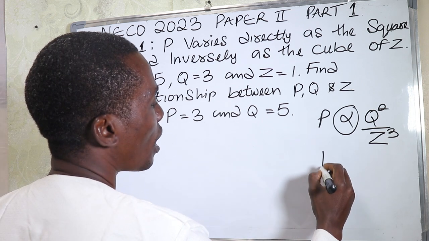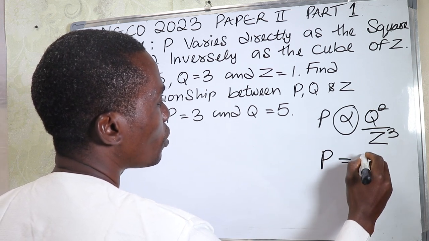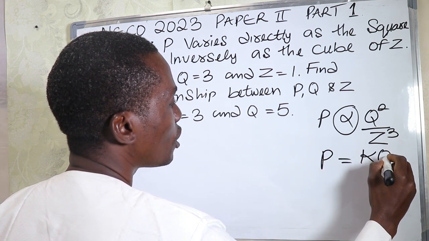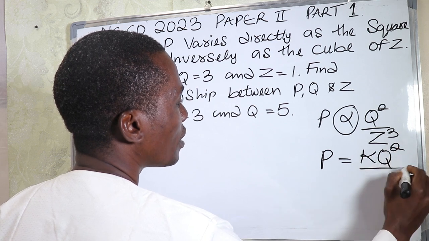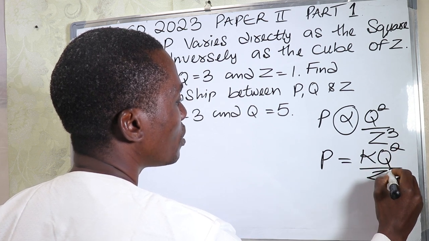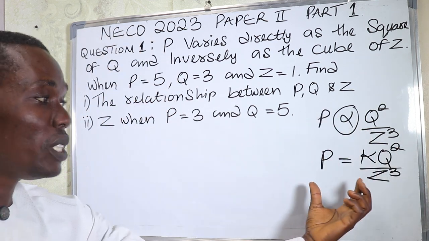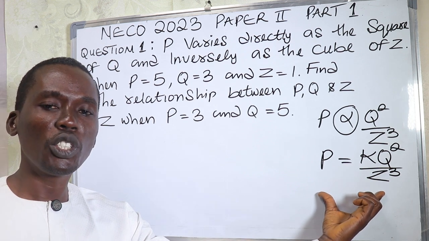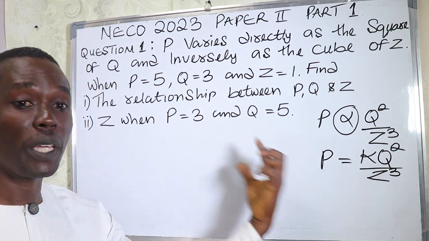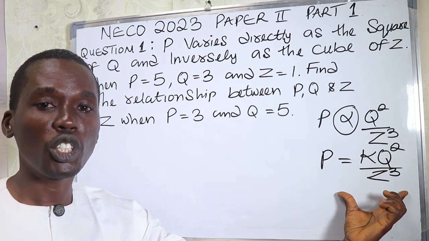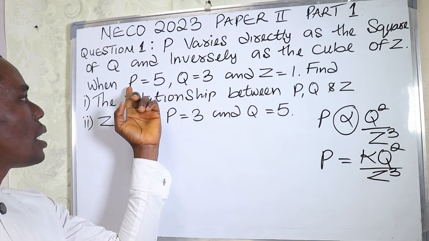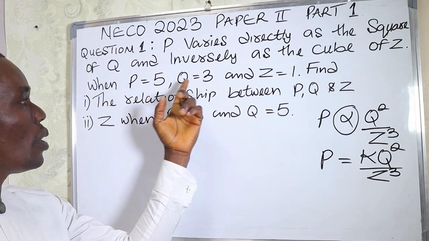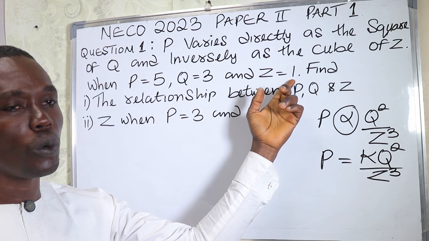Once we do that, we'll have P equal to that constant K times Q squared divided by Z cube. So this will form the relationship holding both of them. But then that is not the relationship yet. We need to input these parameters: P equal to 5, Q equal to 3, and Z equal to 1.